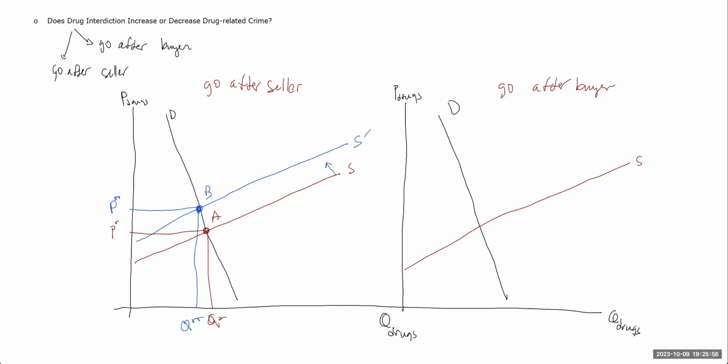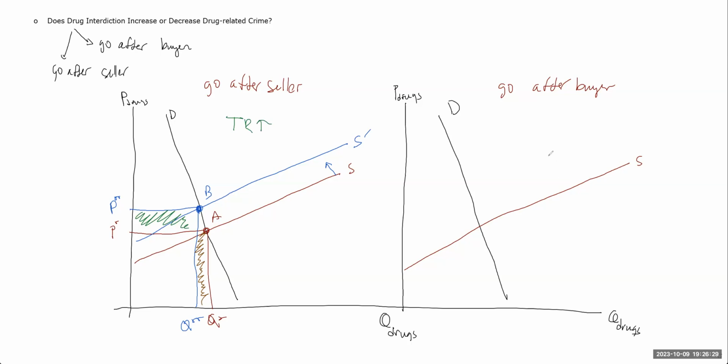You can see the total revenue for drug dealers is this, and it went to this. They lost this sliver, but they gained this massive amount. When we go after the drug dealers, the total revenue for drug dealers went up.